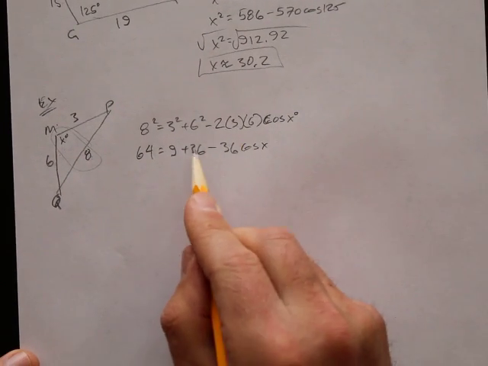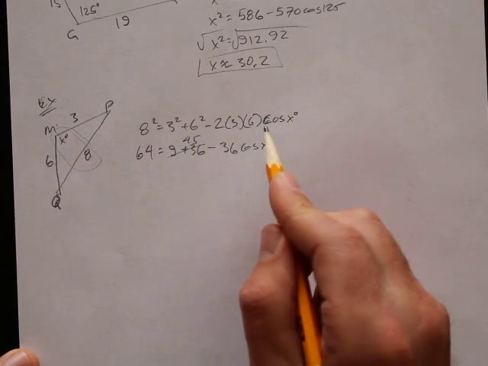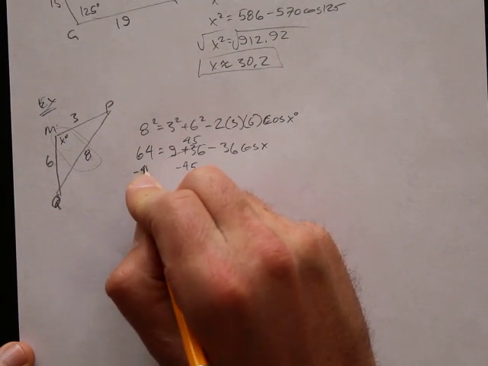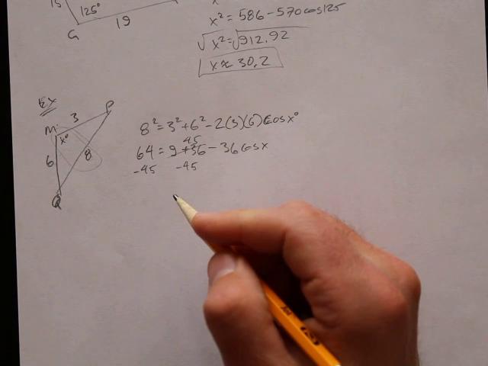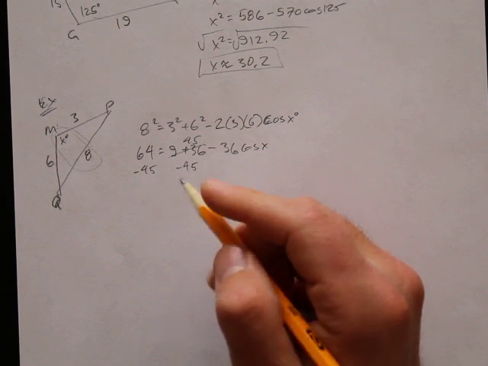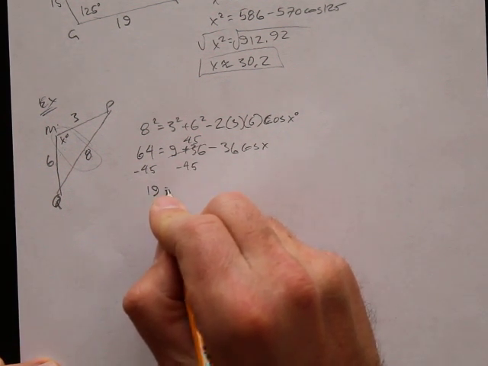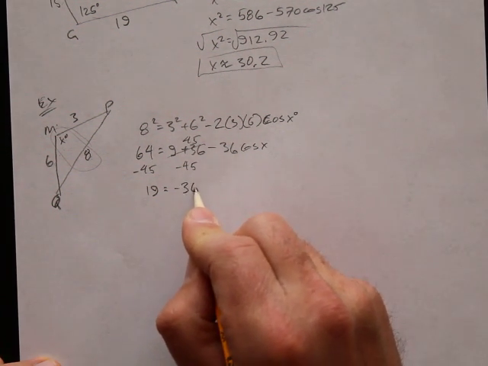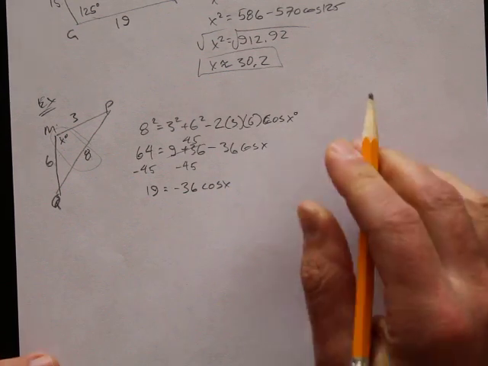Okay, so these two together make 45. So I'm going to subtract 45 from both sides. 64 minus 45 is 19. 19 equals, what's left over here? Negative 36 times cosine of x.